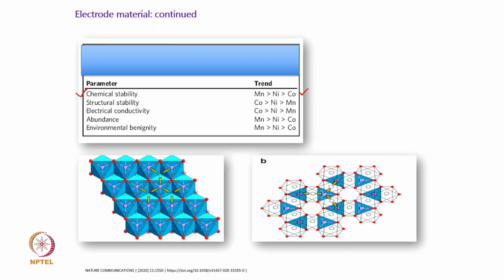For structural stability, cobalt is better than nickel, which is better than manganese. For electrical conductivity, again cobalt is better than nickel, which is better than manganese. For abundance, manganese is best, then nickel, followed by cobalt. And for environmental benignity, again manganese is best, followed by nickel and then cobalt.